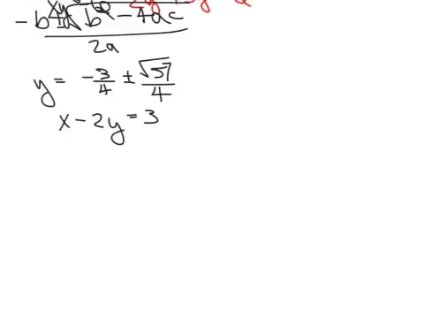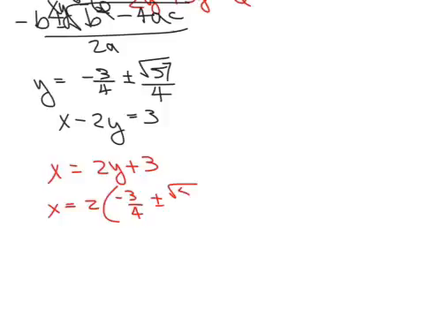So we have x equals, let's move all this over, so x equals 2 times negative 3/4 plus or minus the square root of 57 over 4 plus 3. Doesn't that look like a good time there? Okay, well, let's go ahead and try this.